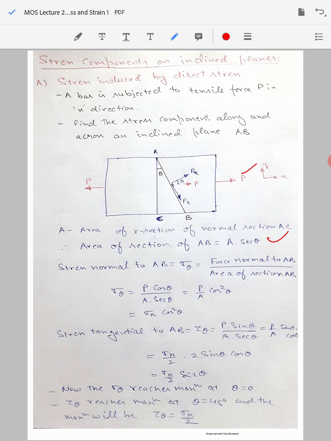Now the stress acting normal to AB, which we term as sigma theta, will be given by the force normal to AB, which is Pn, P normal, divided by the area of cross section of AB. Now the force normal to AB, Pn, we can find by resolving the force P in the direction of Pn.